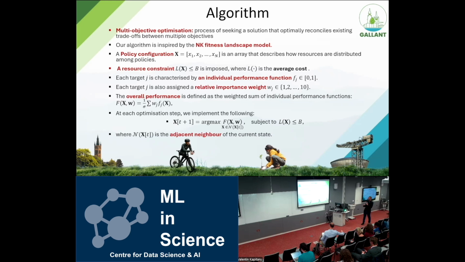And then at each optimization step, we search for policy configurations that maximize the performance while navigating the adjacent neighbors and adhering to the resource constraint.